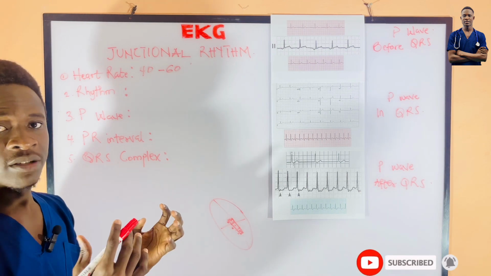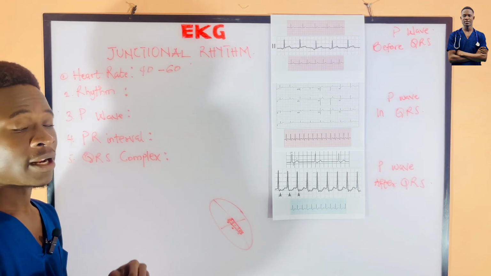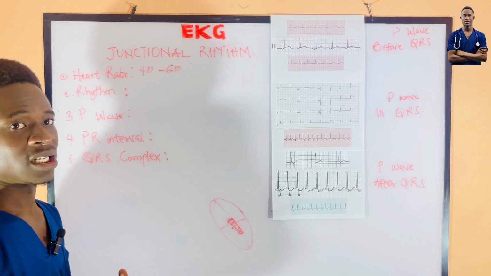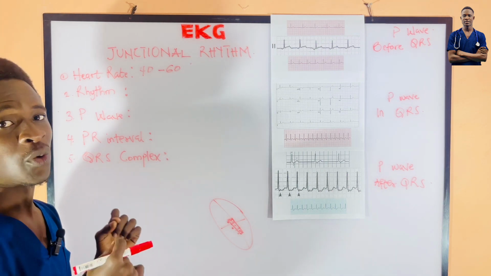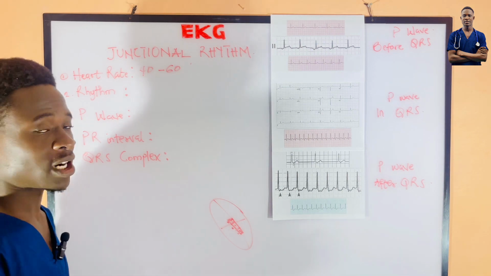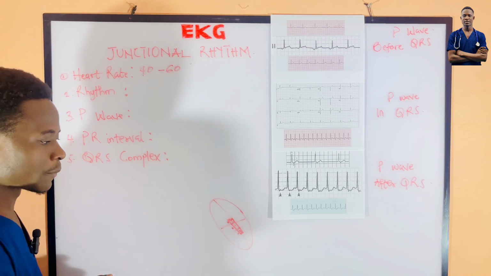But it's not always, but it is generally in the form of a bradycardia. We can get it in the form of a tachycardia, but not as frequently as we get the low frequency of the junctional rhythm. Now, let's get back to what I was explaining.